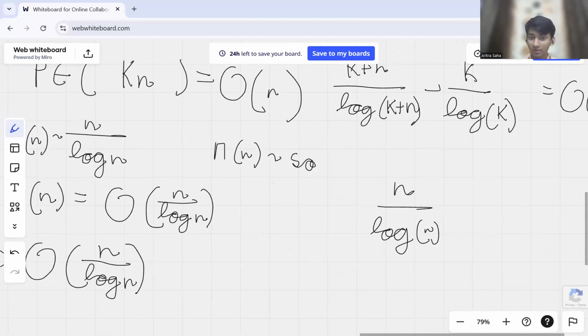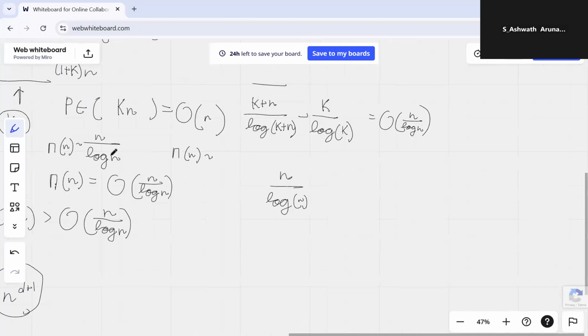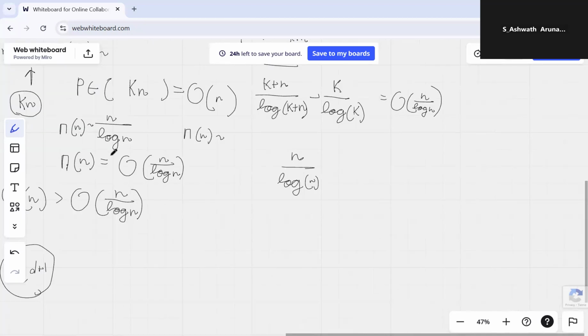If pi of n was O of n, so it's like an AP in the real numbers, you can't prove it. Like this is not true. So it has to be asymptotic to something which is less than n in order to prove it. Okay, I see. Got it. Thank you, sir.